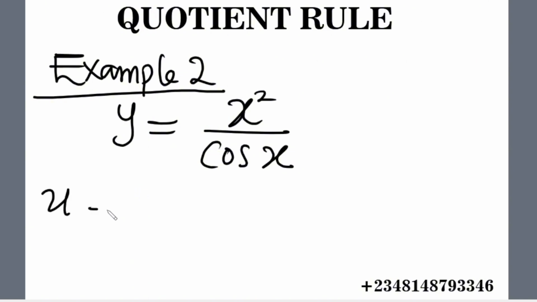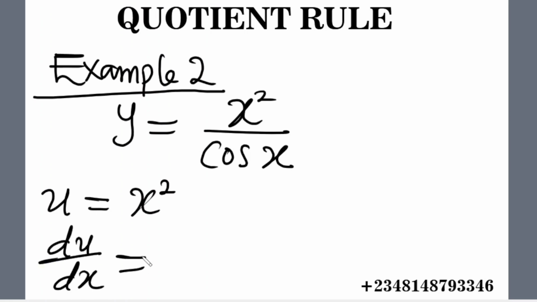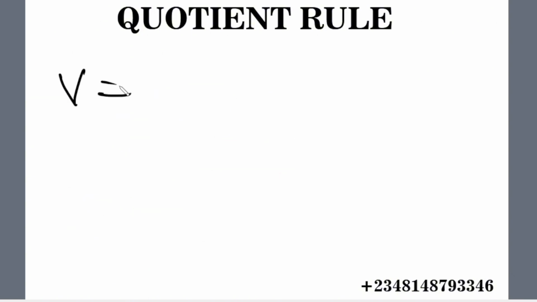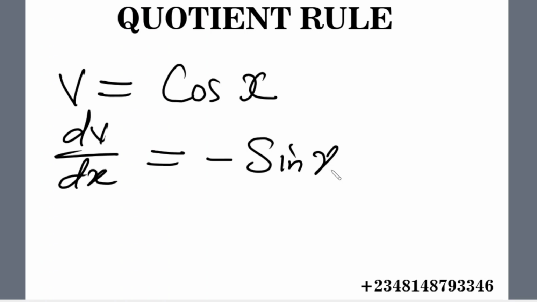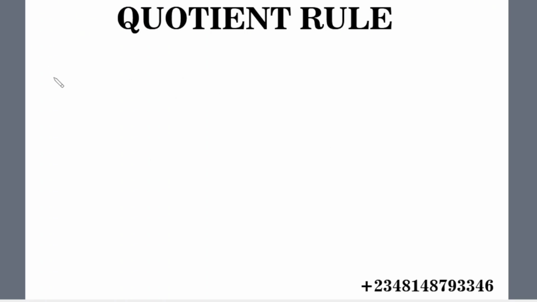So u equals x squared. du all over dx equals, if you differentiate x squared, it will give you 2x, and then v equals cos x. Therefore, dv/dx equals, if you differentiate cos x with respect to x, it will give you negative sine x. Now let's apply the quotient rule formula.